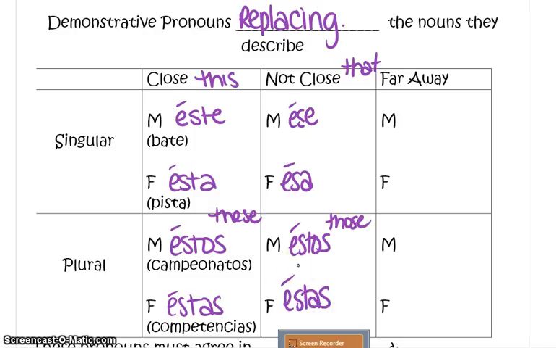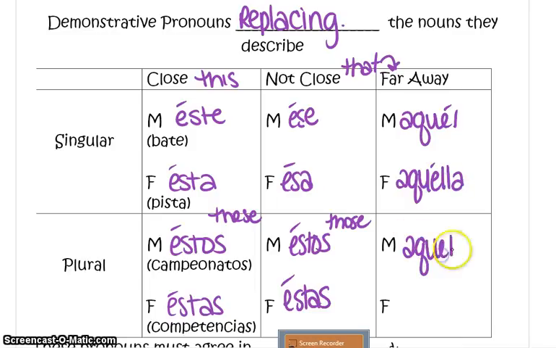And then when something is far away, you're calling it that, you would use aquel, aquella, aquellos, and aquellas.